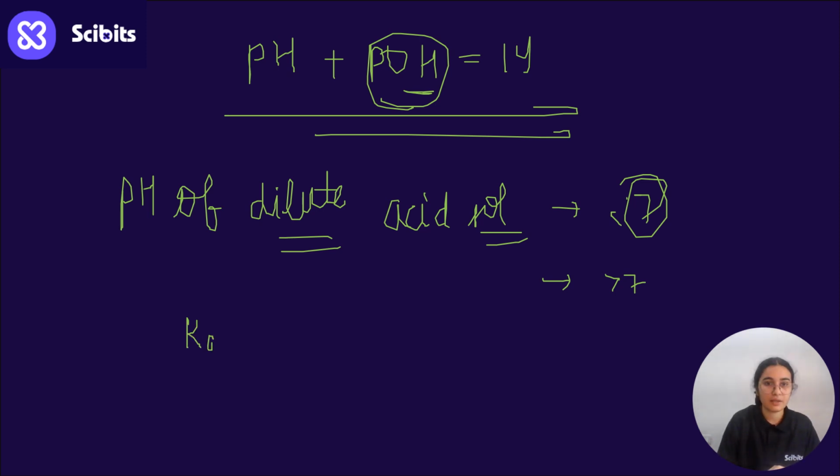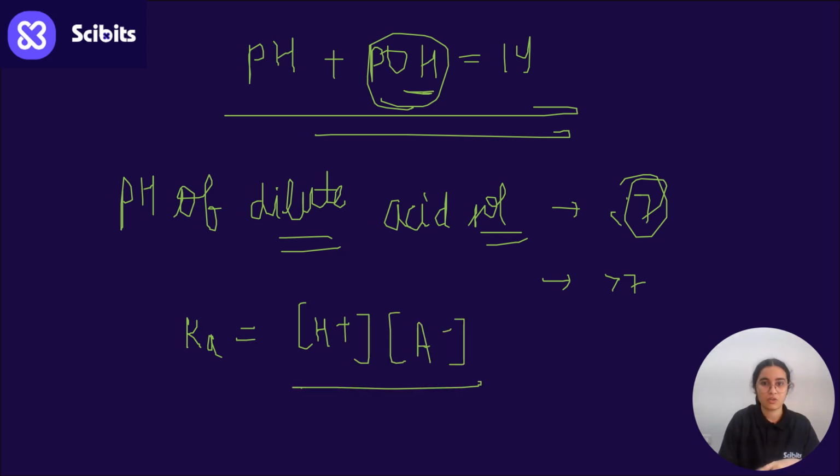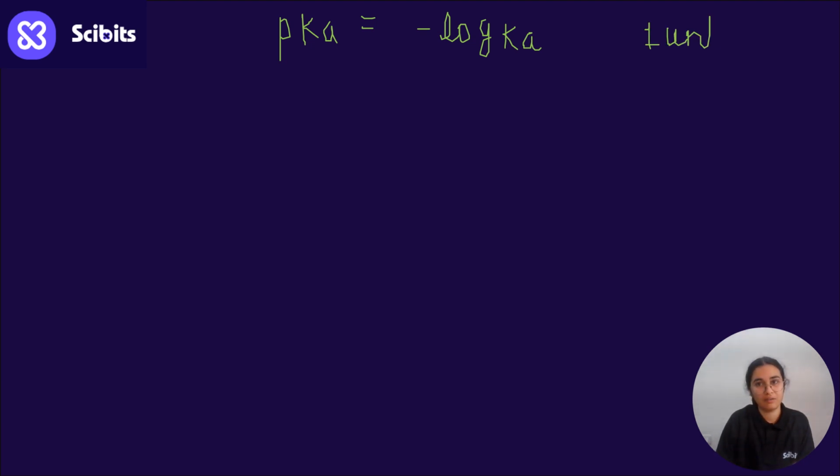Okay. If you have to calculate the Ka, that is the dissociation constant, then just do hydrogen ion concentration, molar concentration, times the conjugate base concentration, divided by the acid concentration. Then pKa means negative log of Ka. If the pKa changes by 1 unit, the dissociation constant will change tenfold.